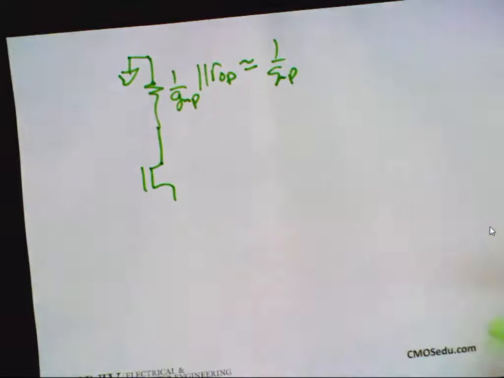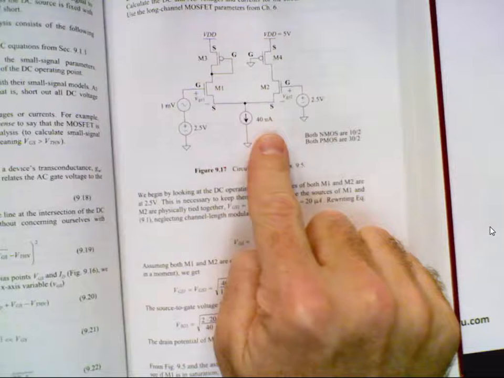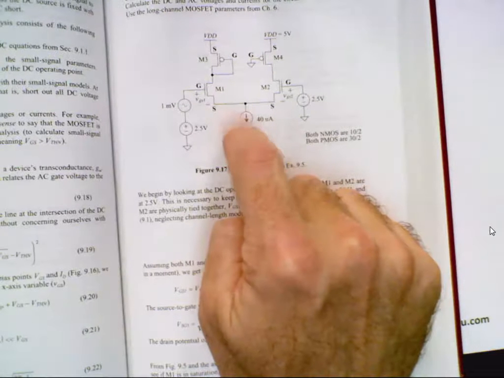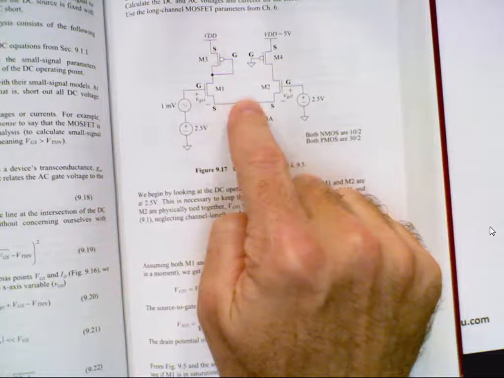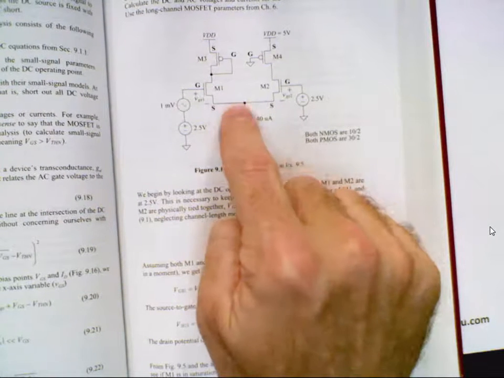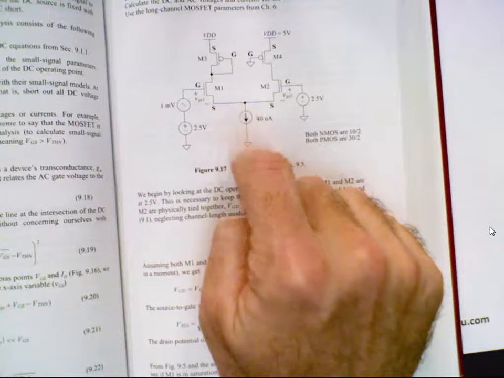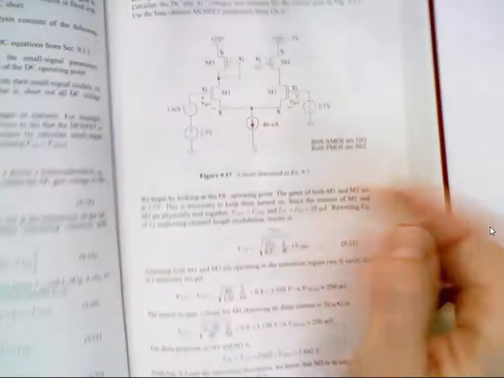How much AC current flows through here? None. Does everybody see that? Okay, so I'm going to do my AC circuit without that current source here, and then we're going to discuss that to make sure you understand.